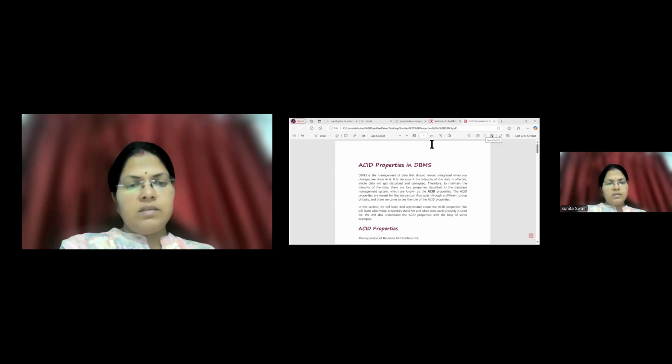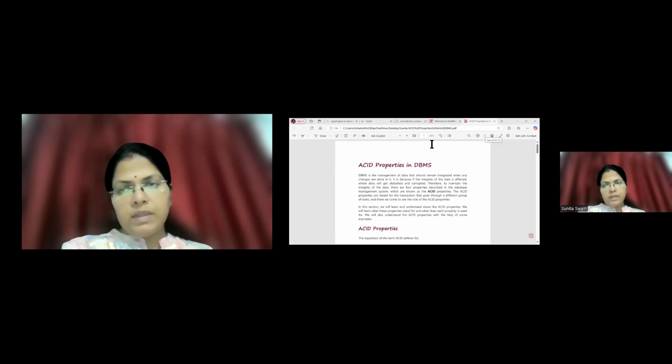In this section, we'll learn and understand about the ACID properties. We'll learn what these properties stand for and what each property is used for. We'll also understand the ACID properties with the help of some examples.